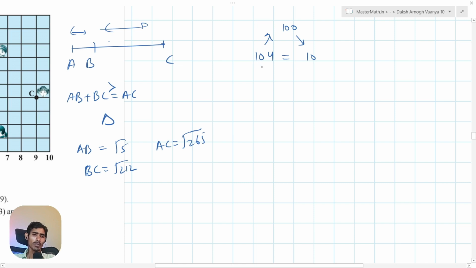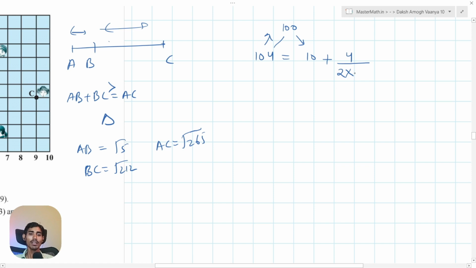We also know that 104 should be 10 point something, right? So 10 is the first. Next, plus the difference of 104 and 100, that is 4, divided by 2. The 2 is always going to be there for every value we take.